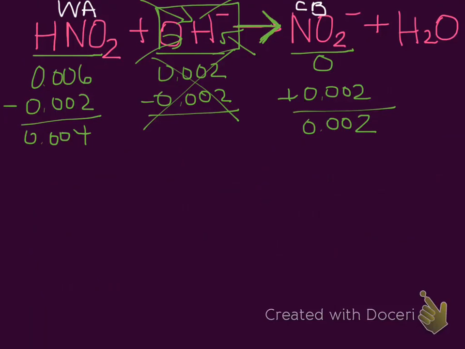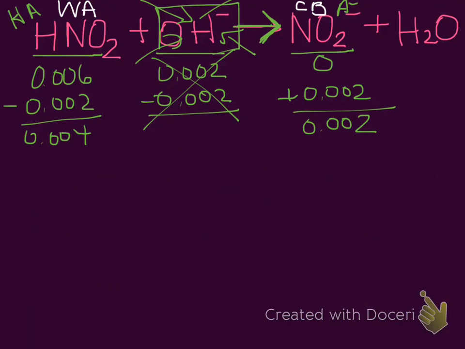Now this is my weak acid, my HA, and this is my conjugate base, that's my A minus. I'm writing a lot of stuff on here. And now all we need to do is plug it into the equation.